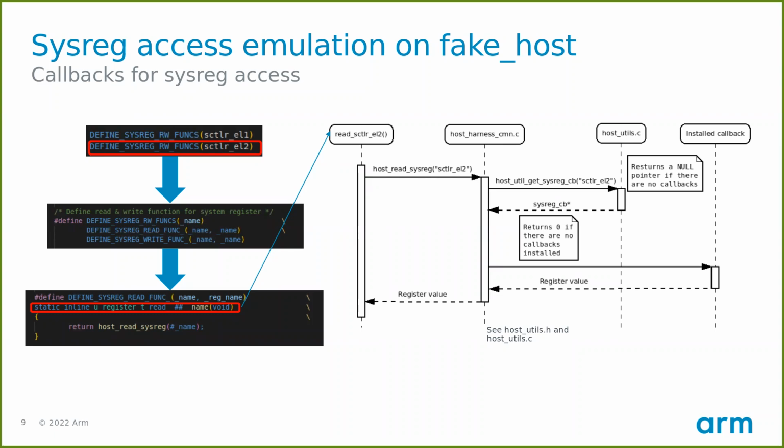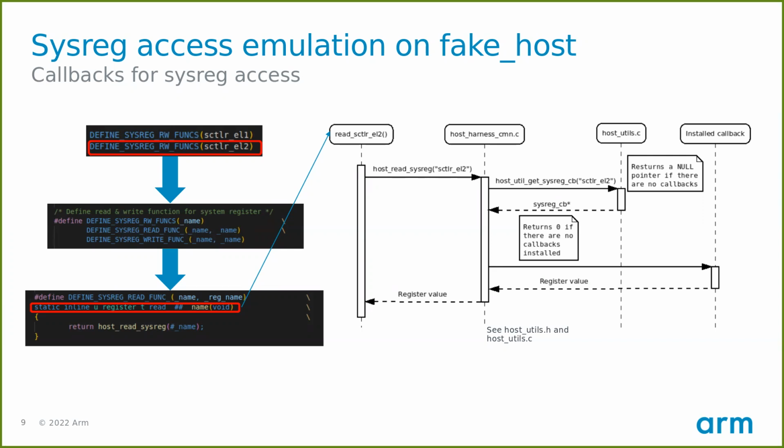So you can both read and write. The fake host can override, and it's part of the same callback data structure here. That's very dynamic. Okay, so that was pretty much everything that I wanted to explain about the fake host.